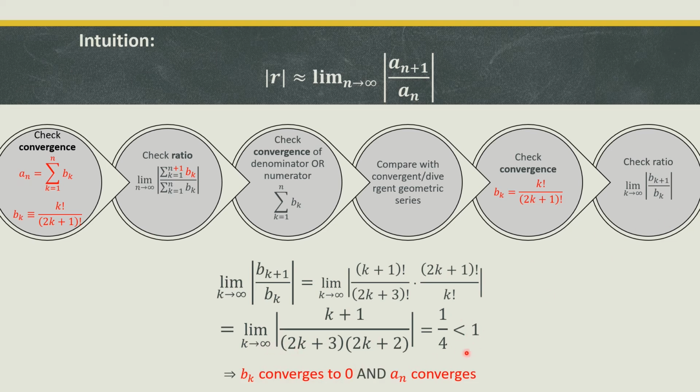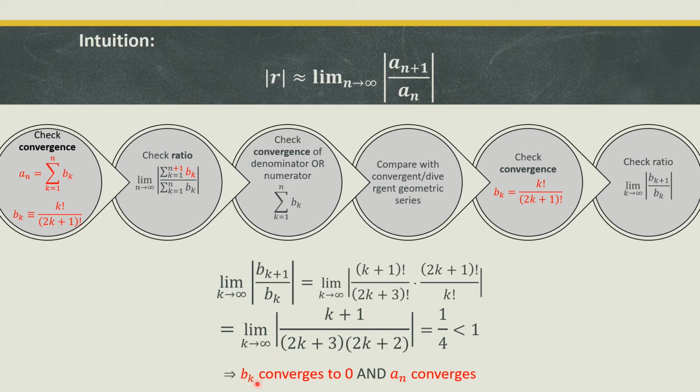So this test alone tells us that b sub k converges to 0. That is from the ratio test in the previous video. And this reasoning here tells us that because b sub k is convergent, then so is a sub n. Now, we have to take note that b sub k converges to 0, but a sub n does not necessarily converge to 0. Okay, so it converges to some number, but we don't know if that's 0.